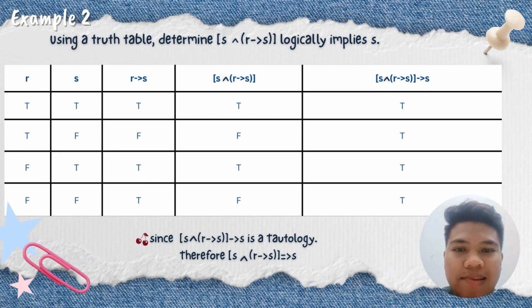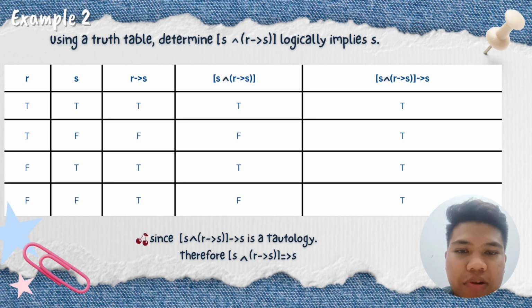For example 2, using a truth table, determine whether S and (R implies S) logically implies S. First, we find the truth values of R, which we will get true, true, false, false. Then we find the truth values for S, which we will get true, false, true, false.